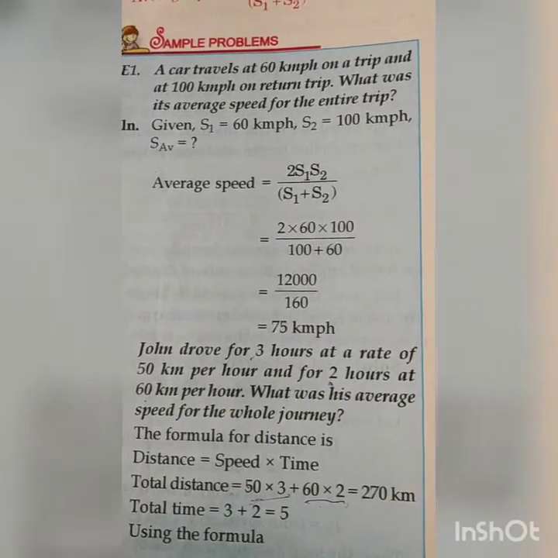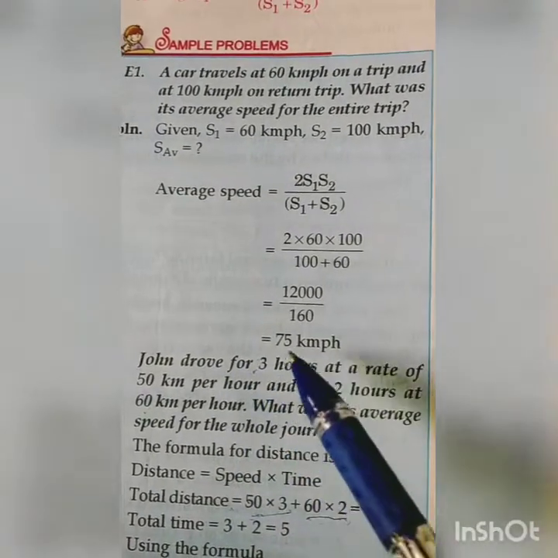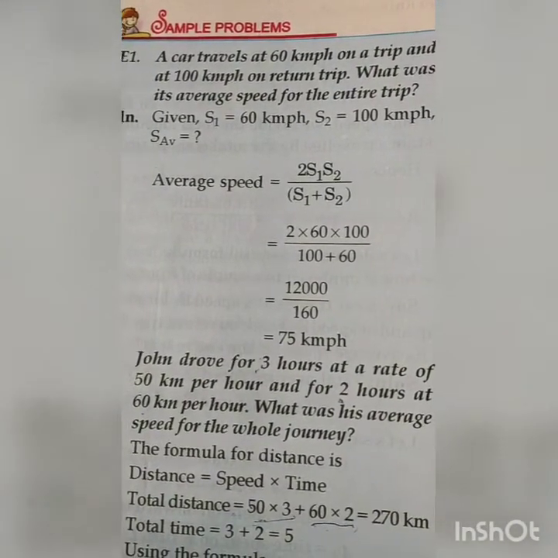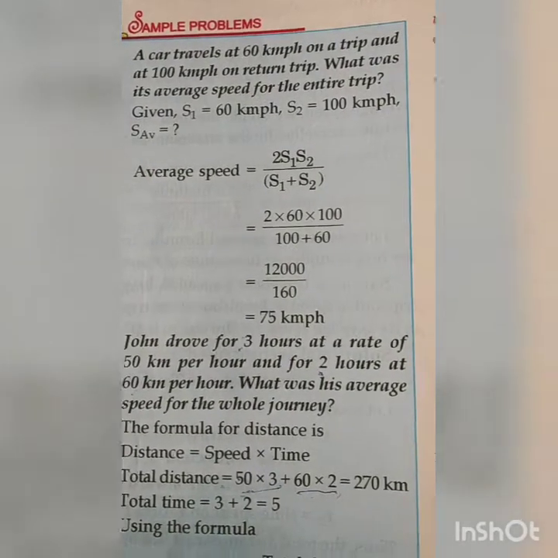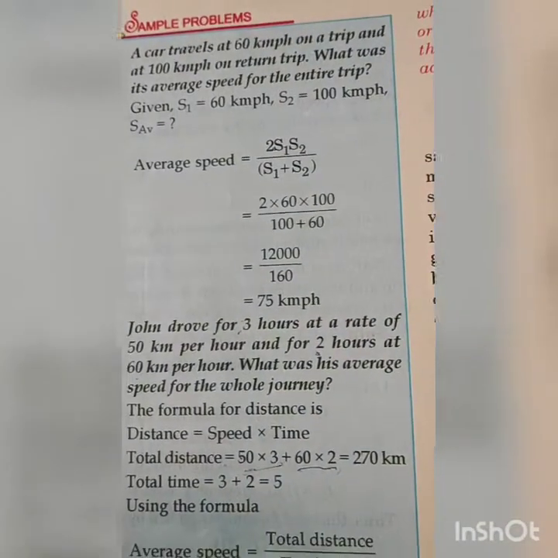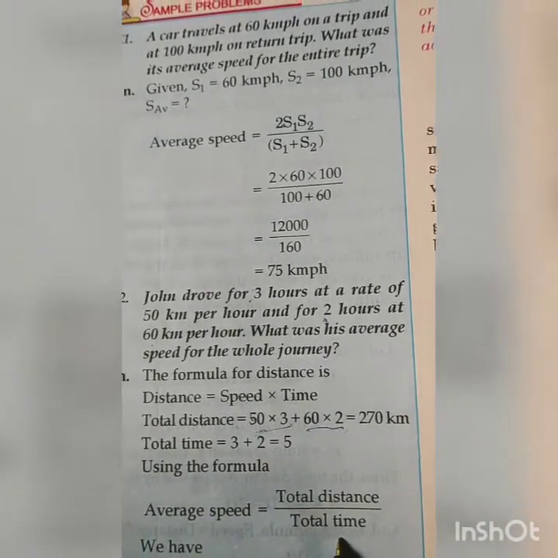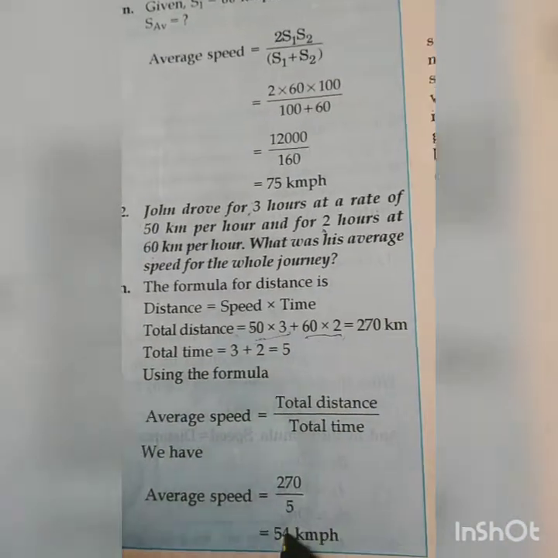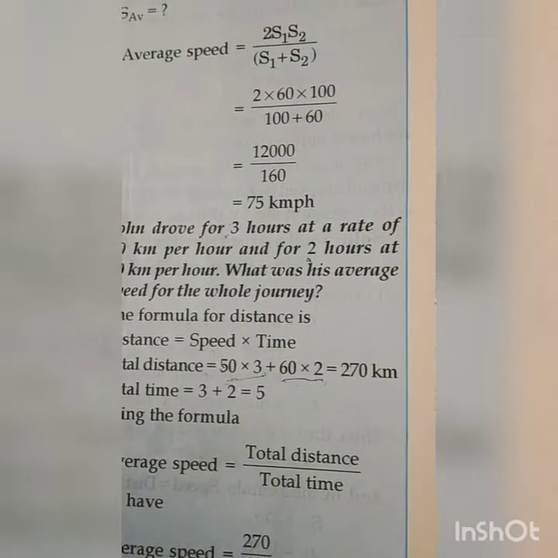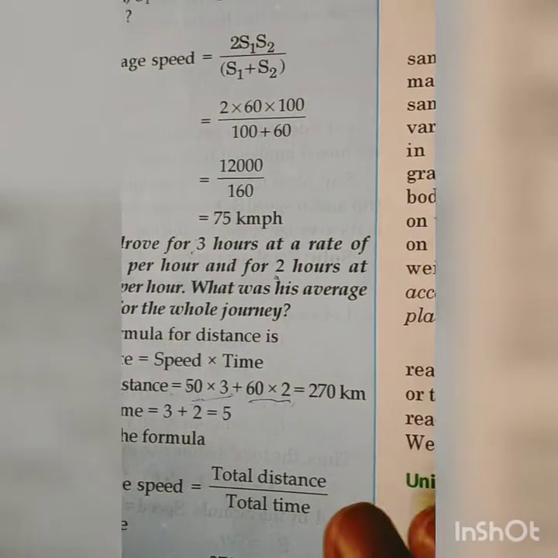The total distance is 270 and the total time is 3 hours plus 2 hours, that is 5 hours. Now you can use the formula total distance upon total time. So 270 upon 5, which comes to 54 kilometers per hour. So that is how you find average speed.